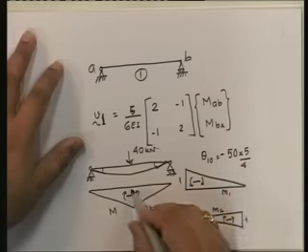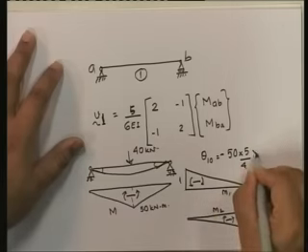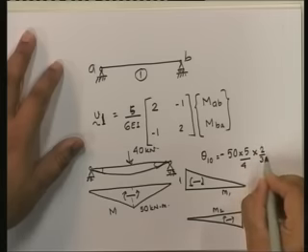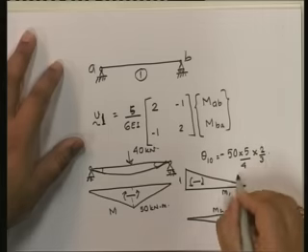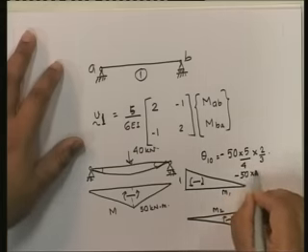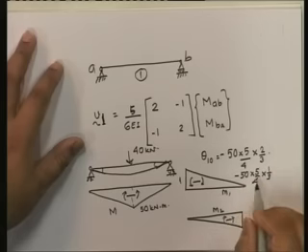So 50 into 5 by 4 is this part, multiplied by 2 by 3, and then minus 50 into 5 by 4 into 1 by 3.